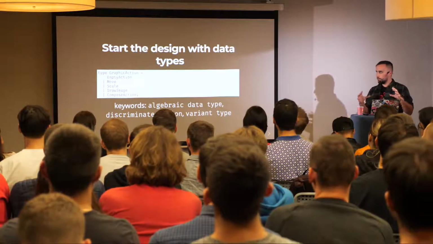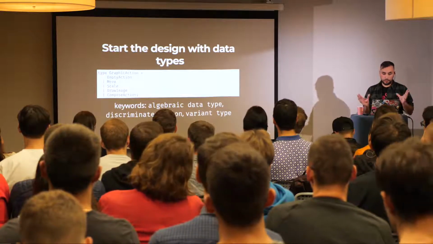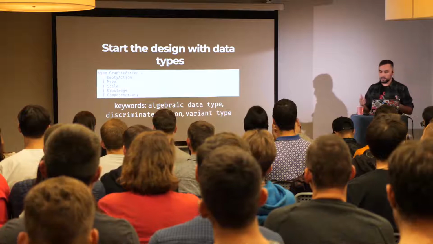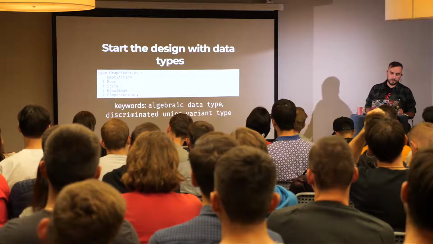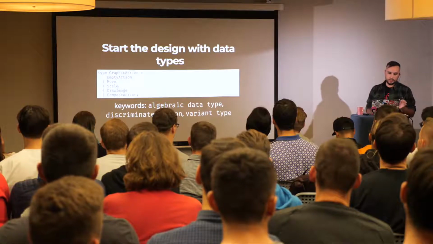This is basically known as a discriminated union, which means that we have some very broad type which corresponds to some concept like graphic action, some action with the Canvas API, for example, and it can actually take values of different very specific types. So for example, the move type will contain the information about coordinates, and a value of the scale type will contain the scale factor.